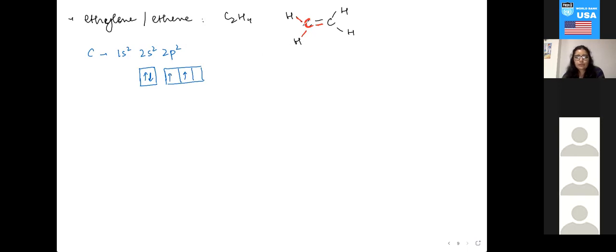Now it needs to form 3 hybrid orbitals, but basically it's forming 3 sigma and 1 pi. Is excitation required in this?